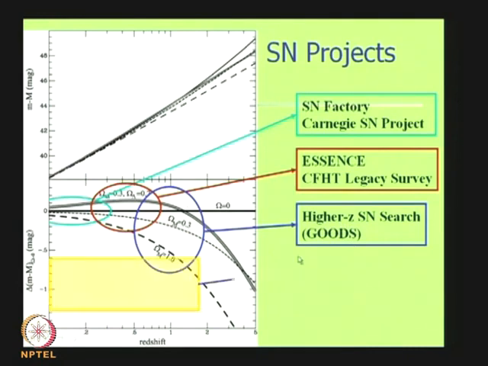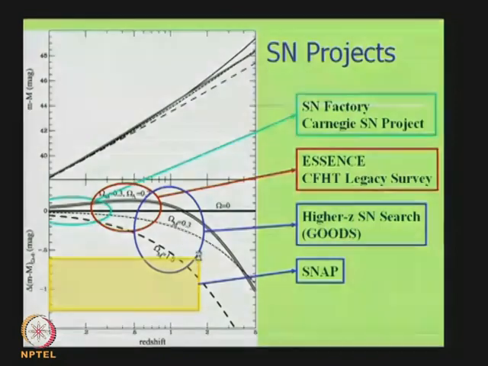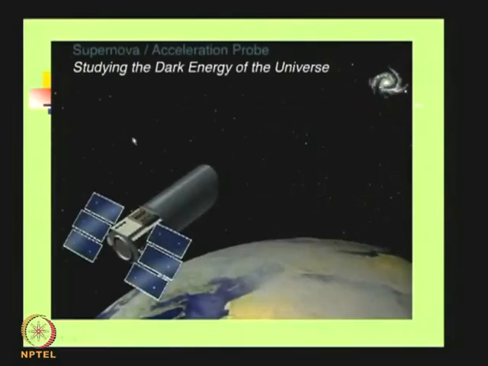And finally you have SNAP, which is targeting supernova in trying to rule out this part of the diagram. SNAP is the Supernova Acceleration Probe. It's a satellite which I think will be launched, and will study the dark energy of the universe.